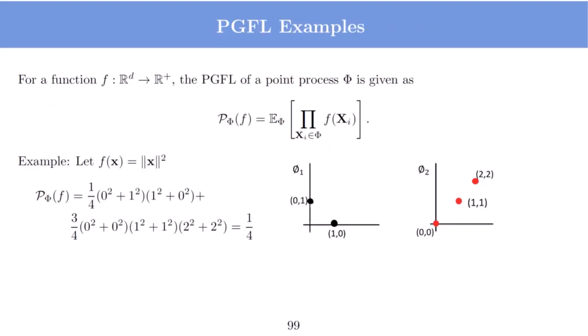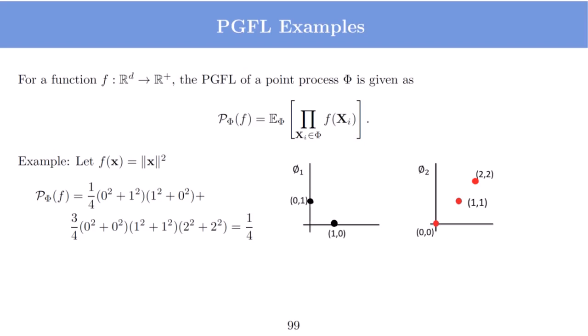Let's assume there is a function. The PGFL of point process phi is given as this. And if we take the standard example we took, there are two realizations: one is this one and this one. So for the PGFL, if you want to compute it for the first realization, what is the value of the function?